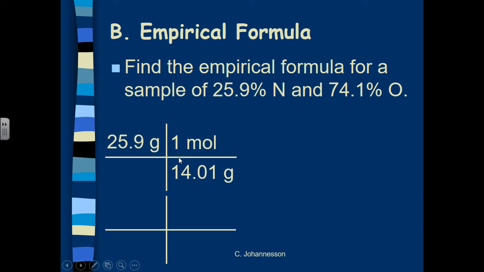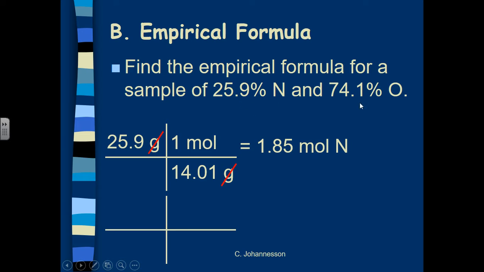Now, what we need to do is convert the mass to moles. Okay. And if you remember, our molar mass on our periodic table tells us how many grams are in 1 mole of each element. So look, grams cross out, and that's going to get us into moles. All right. So I converted nitrogen to moles, and it's 1.85.